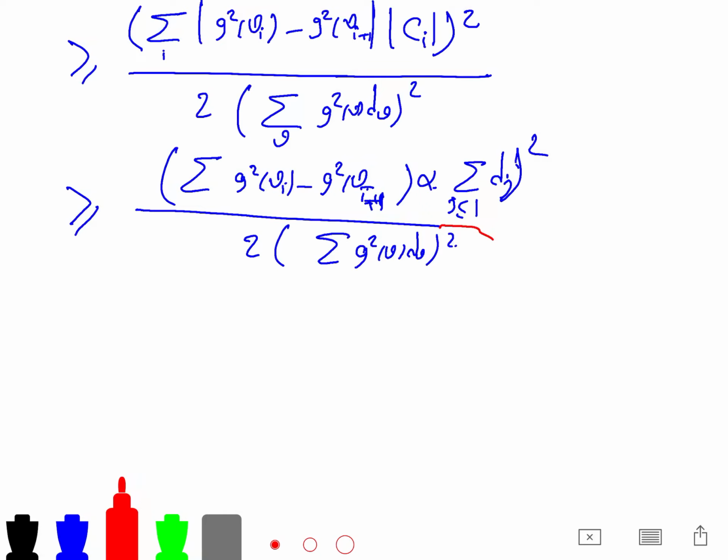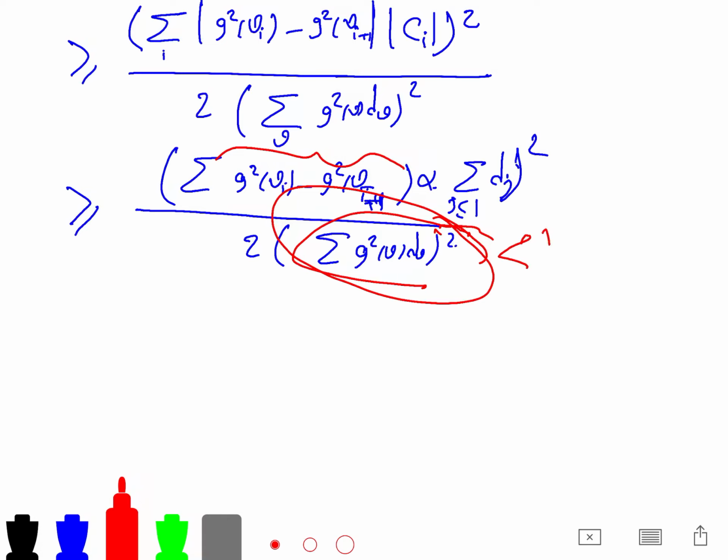So this is a telescopic sum, and if you reduce that, it is less than 1. So everything is greater than alpha squared over 2, which is greater than h of G squared over 2, as we observed before. So we have proved the Cheeger lower bound.